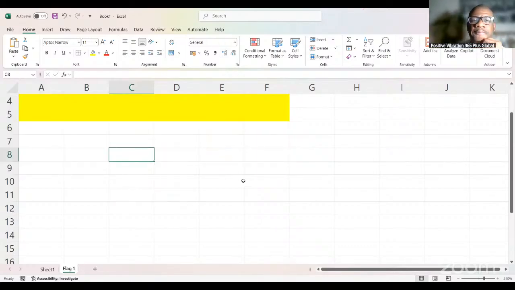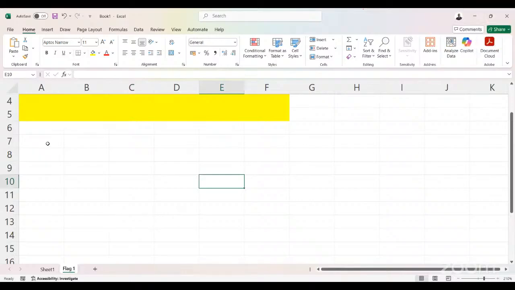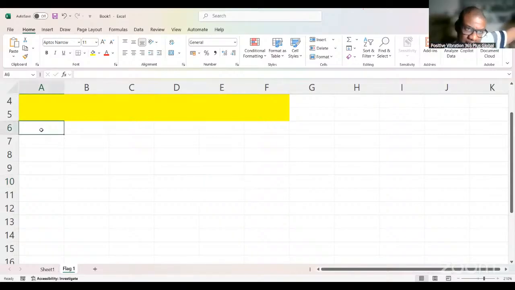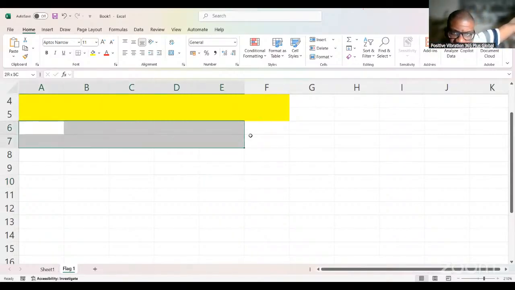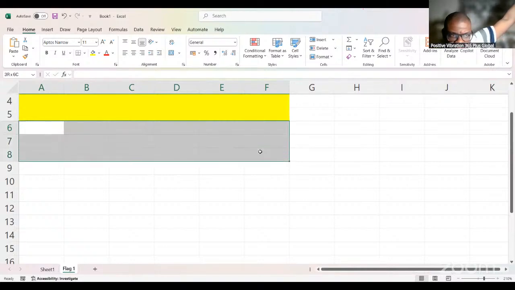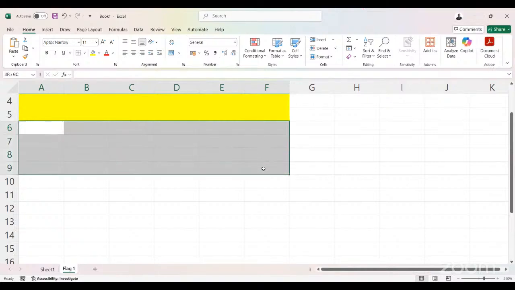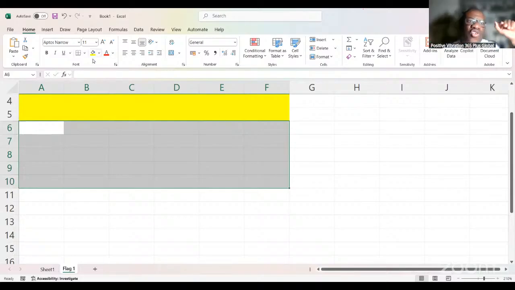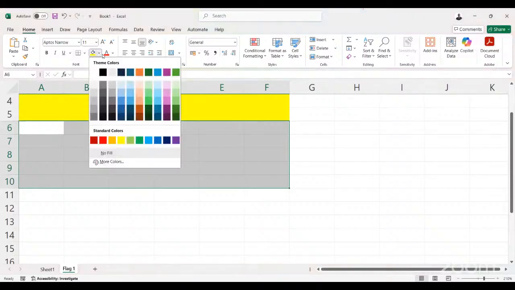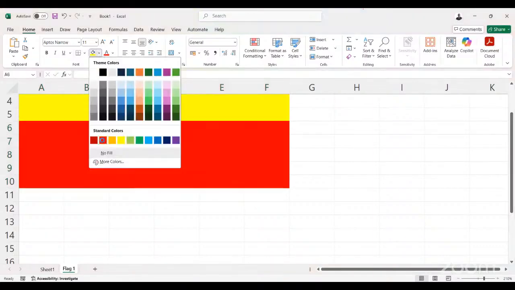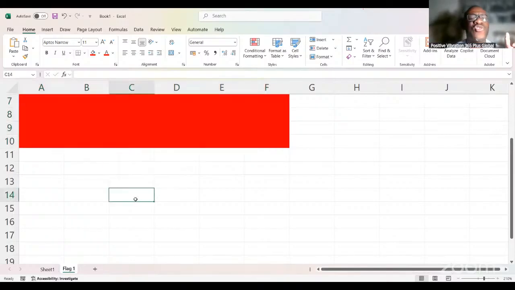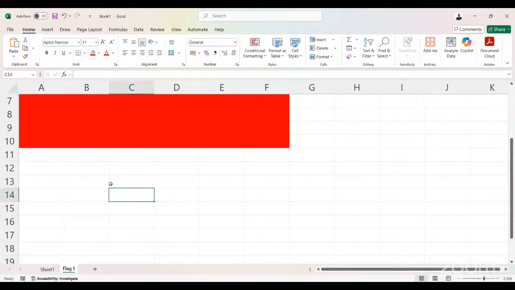Tell me what's the next one? From what cell? A6 to F10. So we start at A6, going across to F, down to where? What number? 10. Fabulous. So what color should it be? Red. Very good. And then what was the last thing they told us to do on that activity? Change cells A11 to F15 to black.